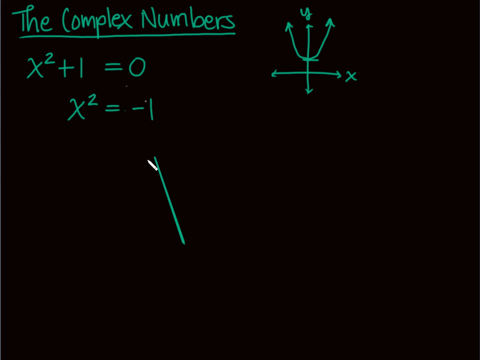Whoa. x squared equals -1. And I don't want you to think that imaginary numbers don't exist. I kind of hate that we call them imaginary numbers, because they're not like our real numbers, but that doesn't mean that they don't exist. We use imaginary numbers when I teach differential equations and we look at the oscillation of a spring.